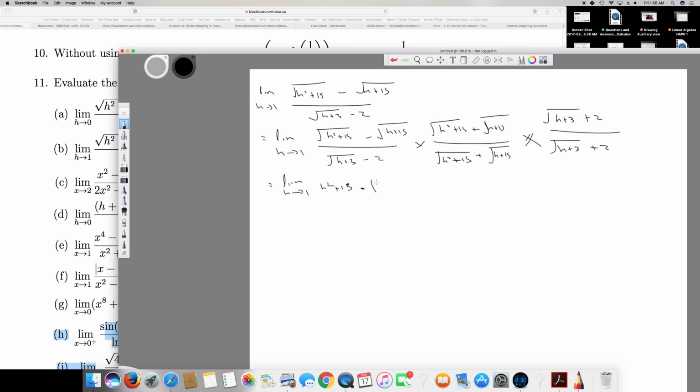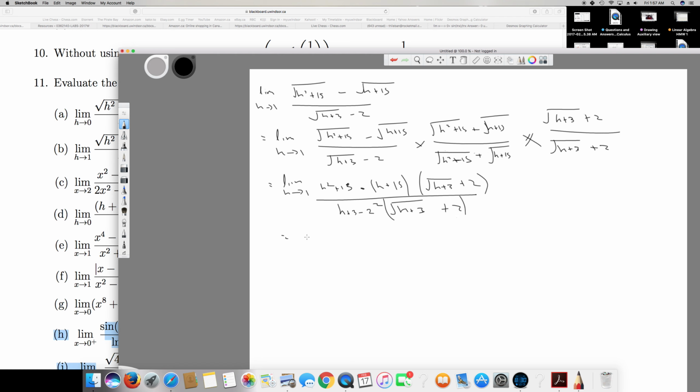Don't forget the bracket, this is important. So it's going to be h plus 15, and the whole number will multiply by square root of h plus 3 plus 2 over square root of h plus 3 minus 2 times square root of h plus 3 plus 2, multiply the whole number.